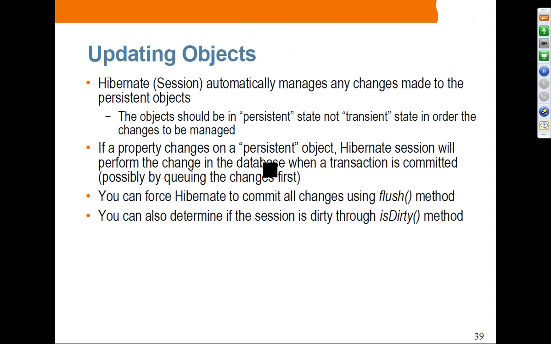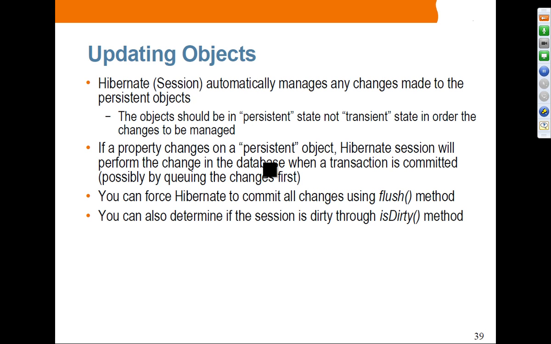Updating. When you want to make a change to an existing row of the table, you are going to update. The Hibernate session automatically manages any changes made to the persistent object. So you as a Java developer will make a change to your Java object, instead of changing the table directly using JDBC.